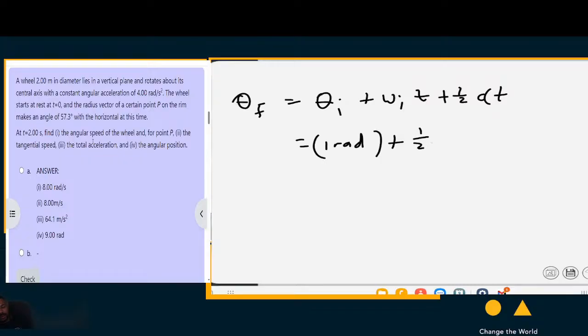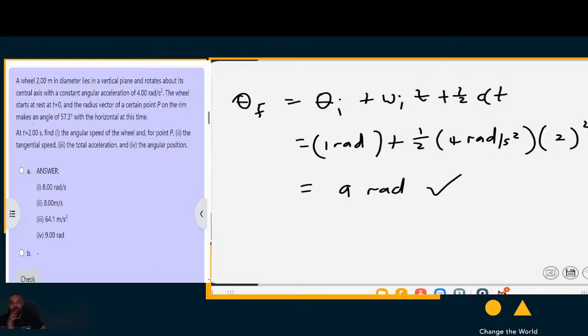Then we have a half times the angular acceleration, 4 radians per second squared, times the time, 2 seconds, squared. That's 4 times 4, that's 16, and a half of 16 is 8, plus 1, that's 9 radians, which is what the correct answer should be.